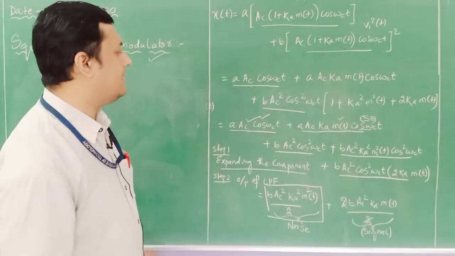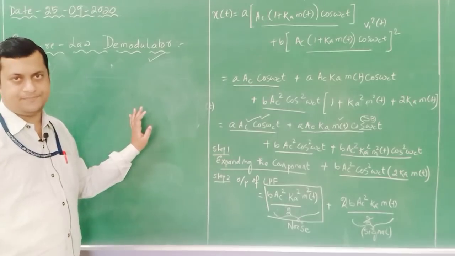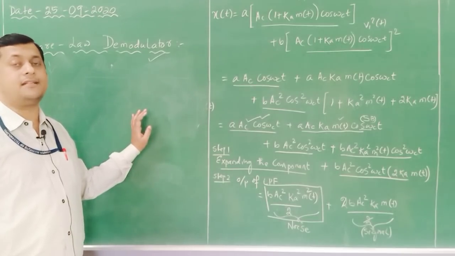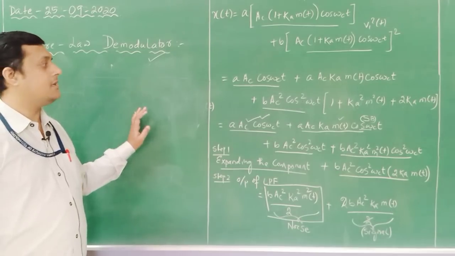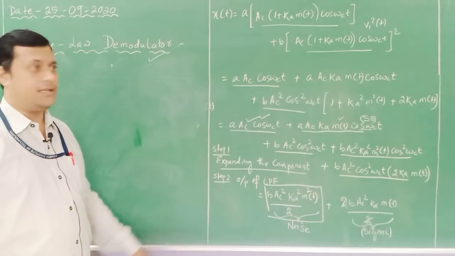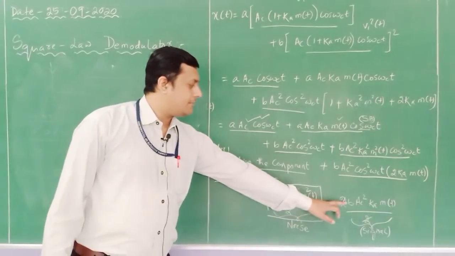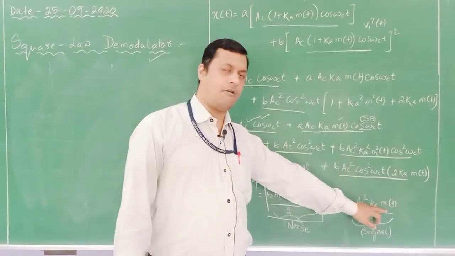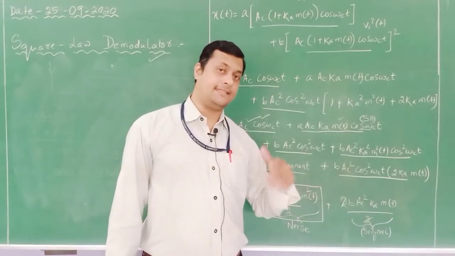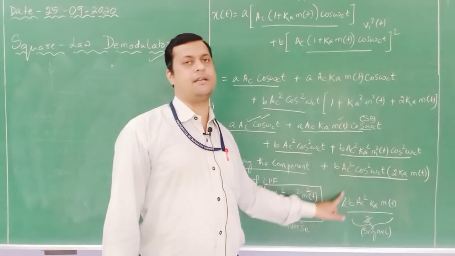The advantage is that theoretically it is possible, but practically synchronizing with respect to the modulating signal is very difficult. Why it is difficult, we will see. Now here I have written this: B into Ac square into K m of t. So that means the modulating signal is present. Here only the amplitude is available.